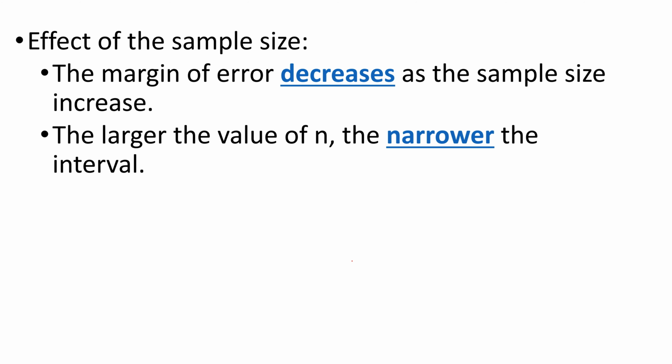In this video, we are going to learn some factors that will affect confidence interval. The factor of sample size. The margin of error decreases as the sample size increases.